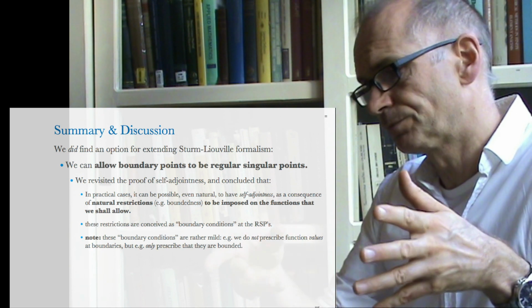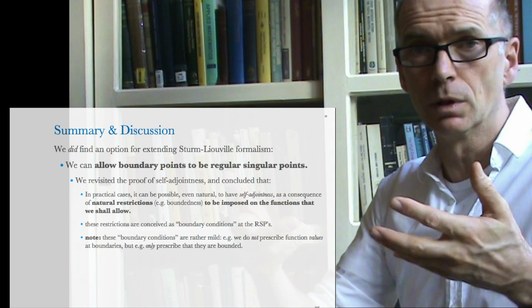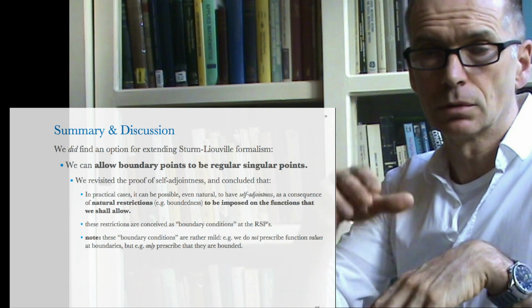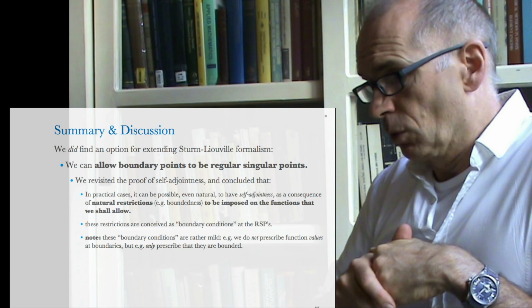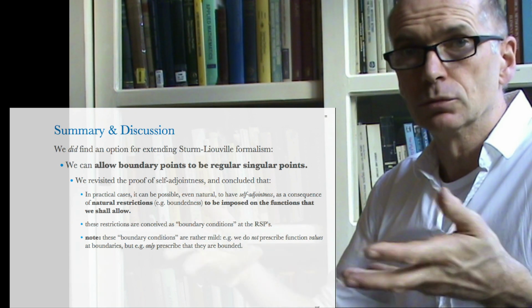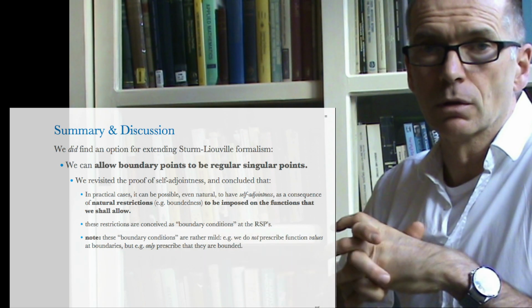For example, we require the functions that we want to work with to be bounded, so to not go to infinity. And we impose those restrictions on the functions that we allow to emerge as solutions, or as functions that we work with in the first place.